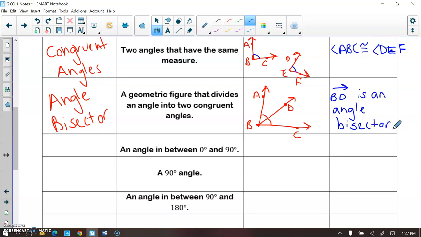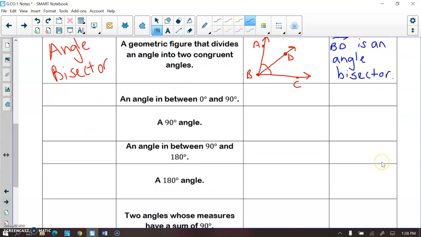Just a real quick thought, bisect means to cut into two equal pieces. Trisect would mean to cut into three equal pieces. An angle between 0 degrees and 90 degrees, that's an acute angle. I'm actually not going to do a diagram or a notation for that.